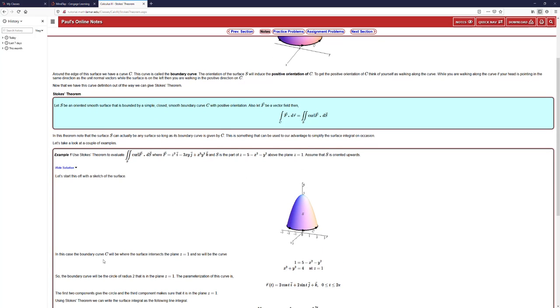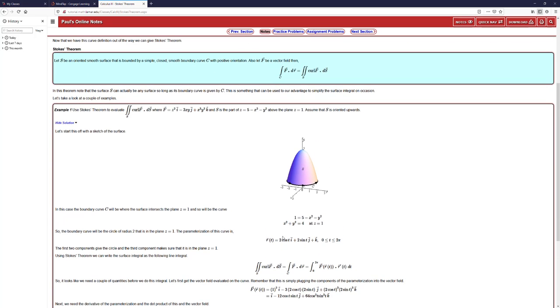In this case, the boundary curve C will be where the surface intersects the plane z equals 1. We have 1 equals 5 minus x squared minus y squared, or x squared plus y squared equals 4, at z equals 1.